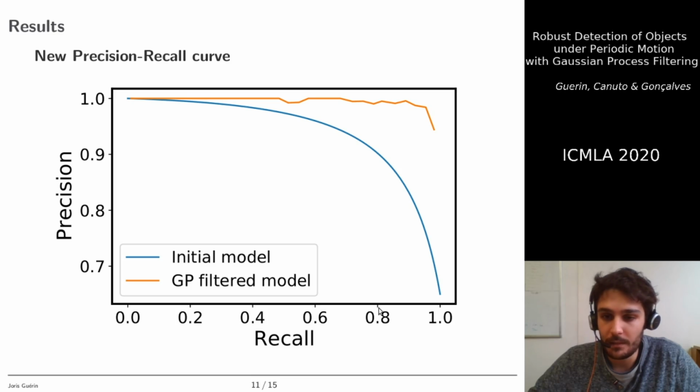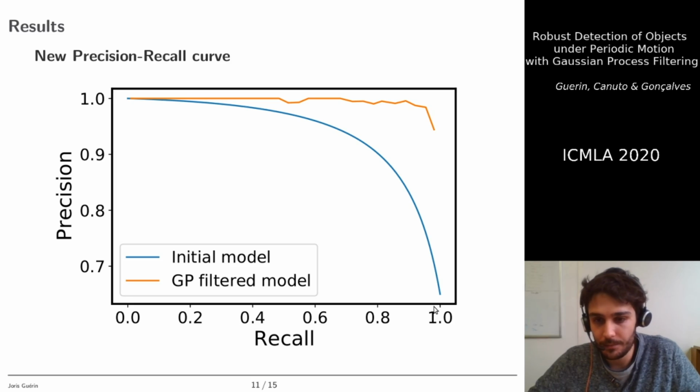So we can go higher in the curve, lowering the threshold, without decreasing our precision too much. We can have a point of functioning of the system that is close to 1 and 1, basically detecting only the objects and detecting all the objects, which is good.